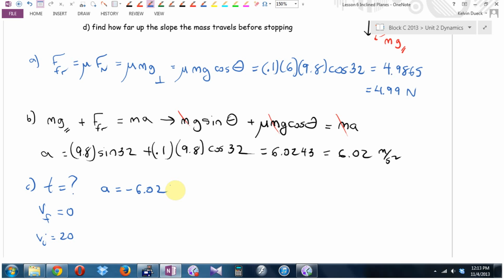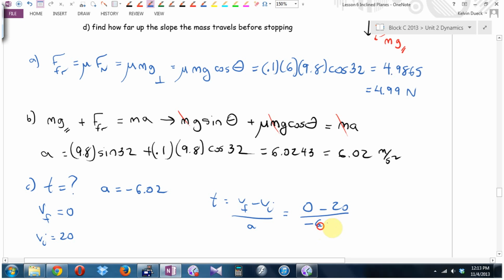Good for you for getting out your yellow formula sheet. So it's going to be 0 minus 20 all over negative 6.02.